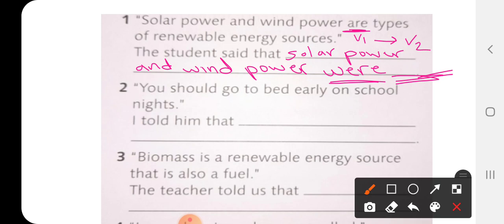طبعا اللي تابعوا الحصص السابقة في الريبورتد سبيتش أكيد رح يكونوا عارفين وفاهمين شو احنا عم بنحل. طيب 2.